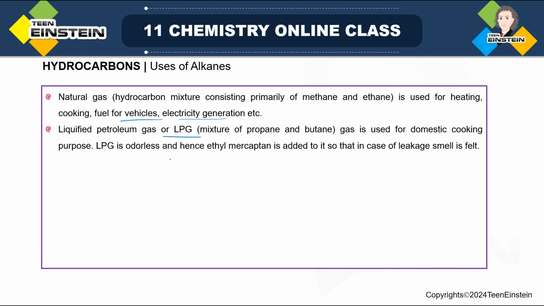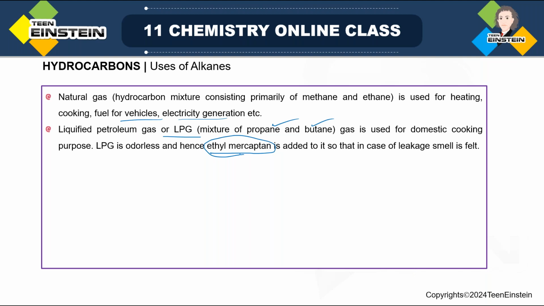Now LPG itself is odorless, because these are odorless. Just for safety purposes, if there is some leakage, there may be some accident, some compound is added which has a specific smell. The propane butane mixture does not have any specific smell, but if there is leakage occurring, we will not be able to understand.